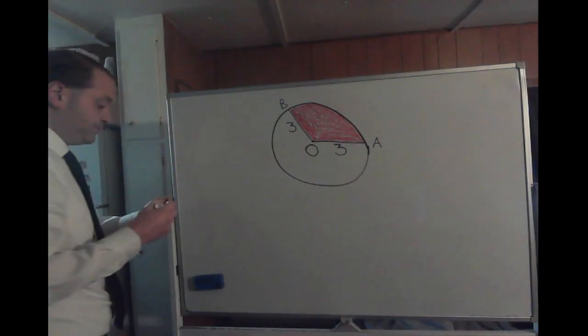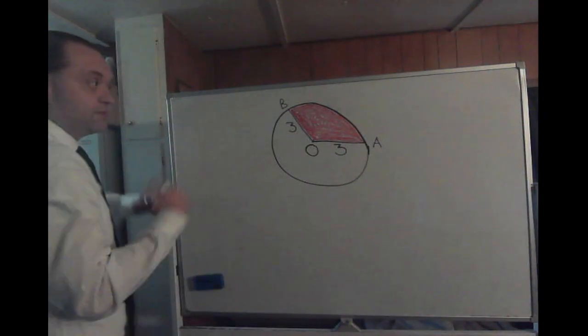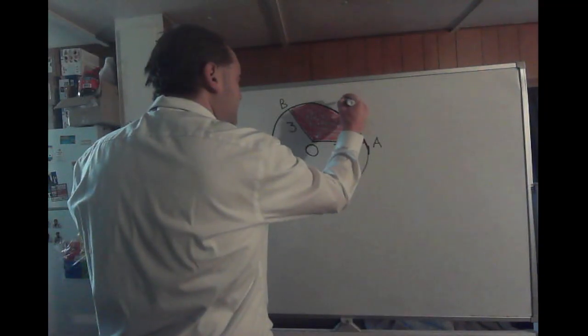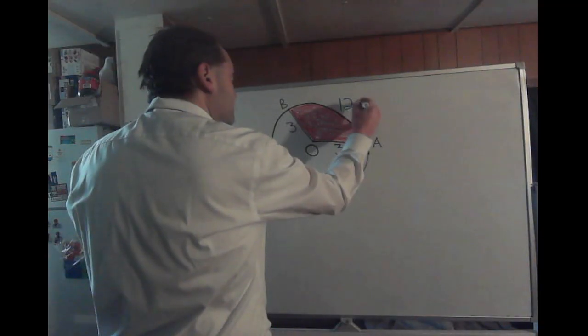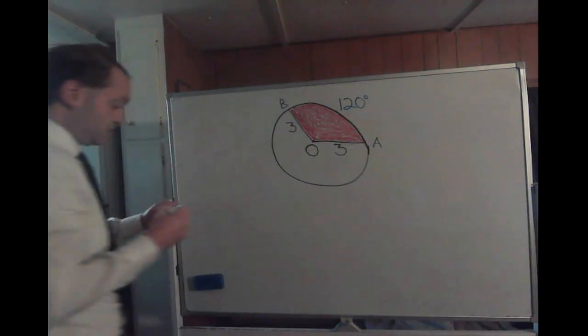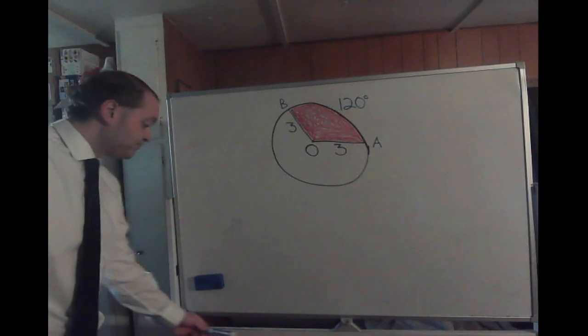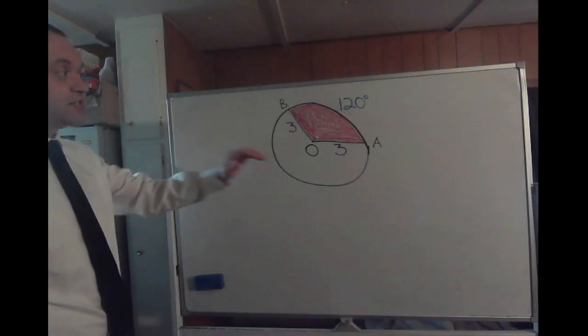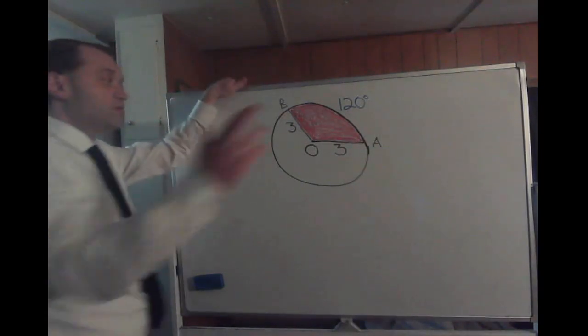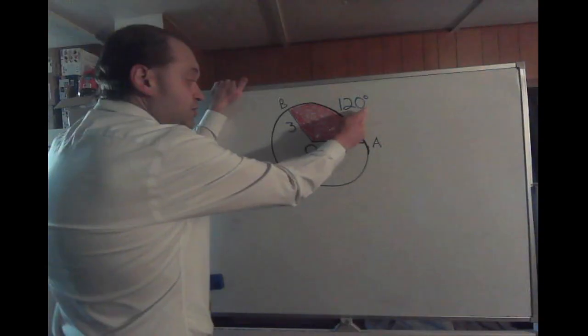There we go. This time they give you that the measure of arc AB is going to be 120 degrees. So, we have sector AOB where the measure of arc AB is 120 degrees.